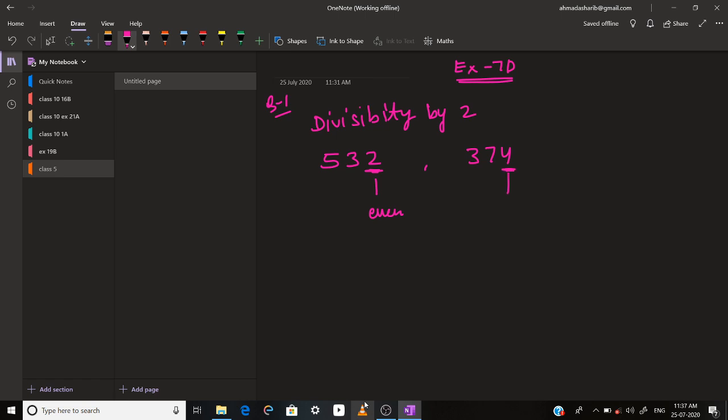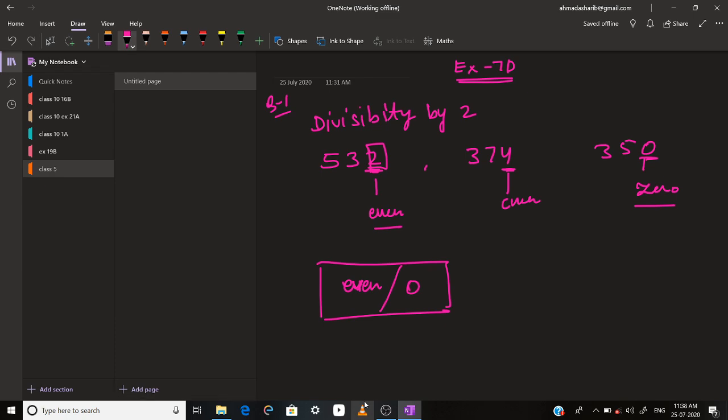The unit place number is even. For example, 350. The unit place number is 0. So if the unit place number is even or 0, then the whole number is divisible by 2.